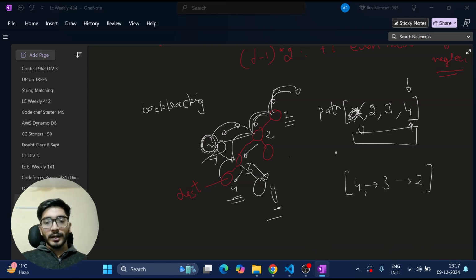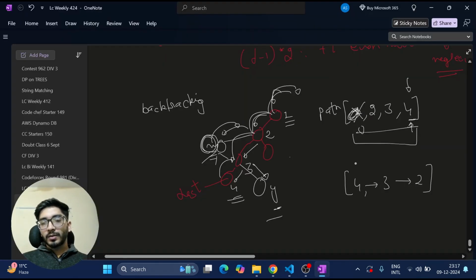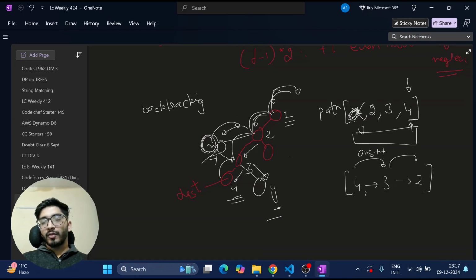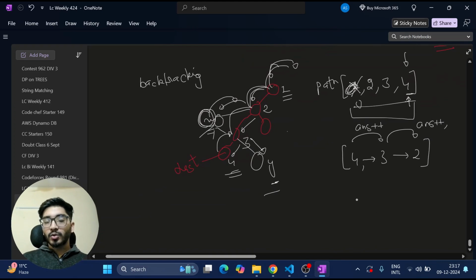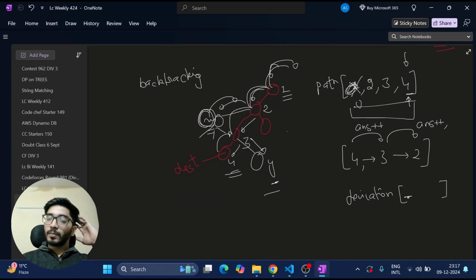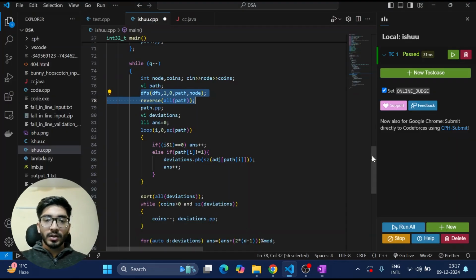Cool, right? So for first step, we know it's odd, so for odd we are just going to increment our answer, and for even nodes we are going to increment our answer, as well as we are storing all deviations in an array, that how many total possible deviations are there for any particular even node.